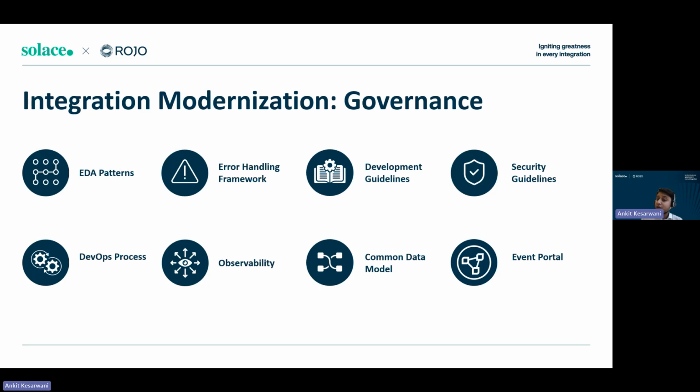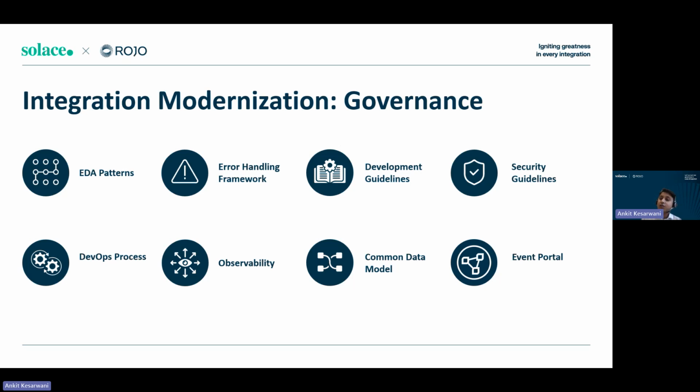When we think of development guidelines, naming convention comes into the picture. Design considerations for integrations come into the picture. When we think of security guidelines, we have to think of how we give access to different topics and queues for publishers and consumers. They should have the right access to the events.